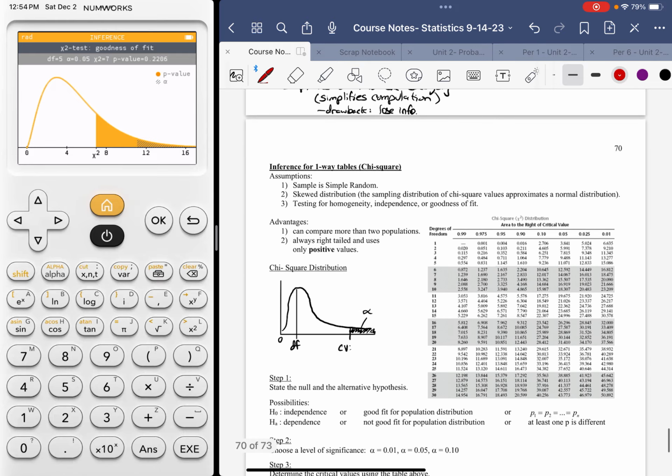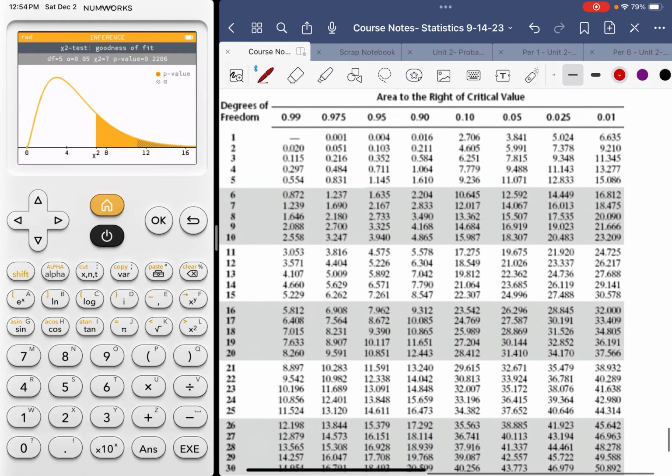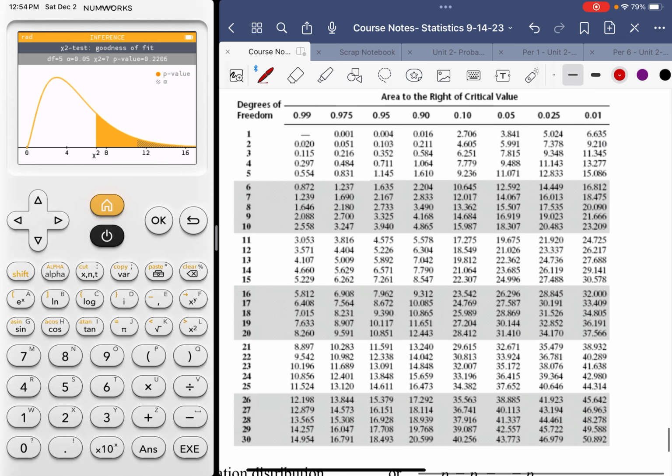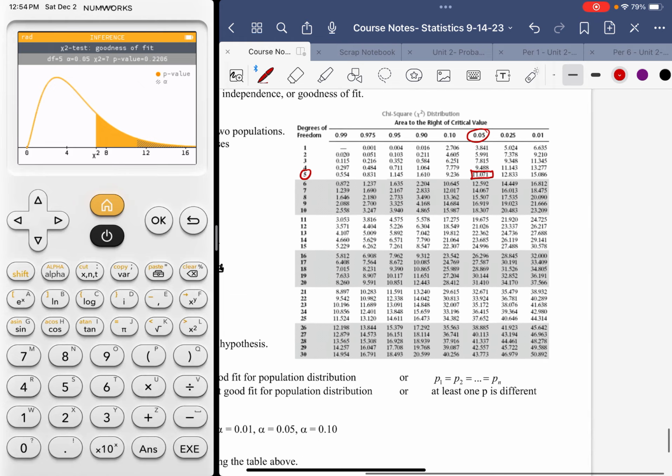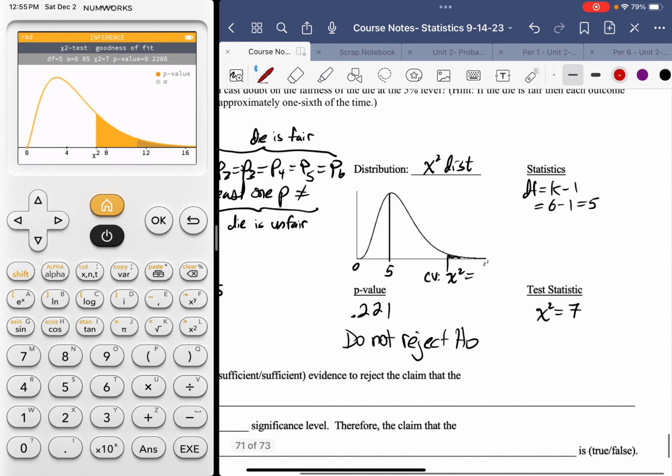So if I go to my table here, which for a question on a test, you'd need this table, and I'd give you this table, we just find degrees of freedom corresponding with the alpha value, right? So the 5 degrees of freedom, the alpha value 0.05, 11.071. So that should be my cutoff.